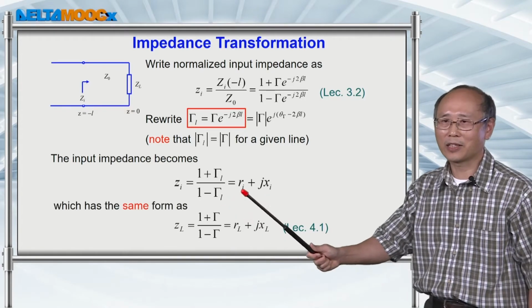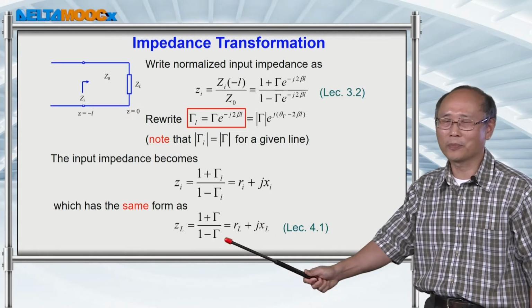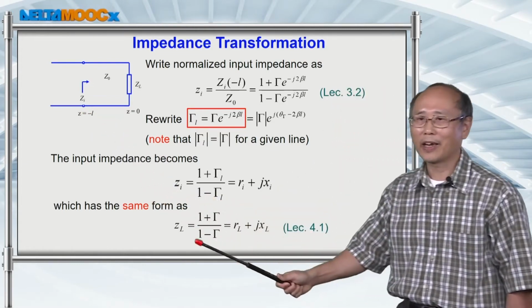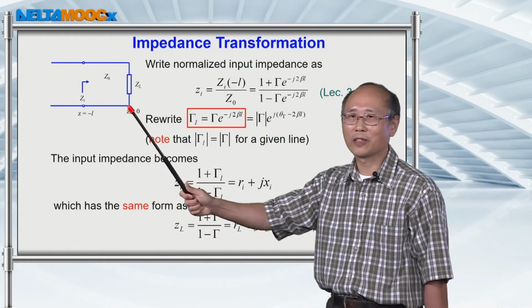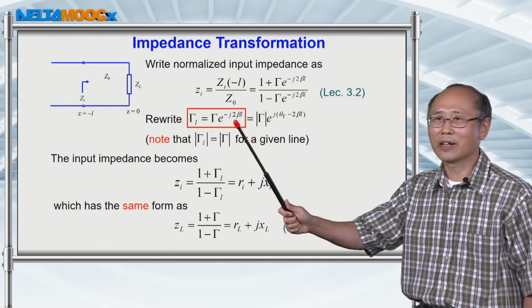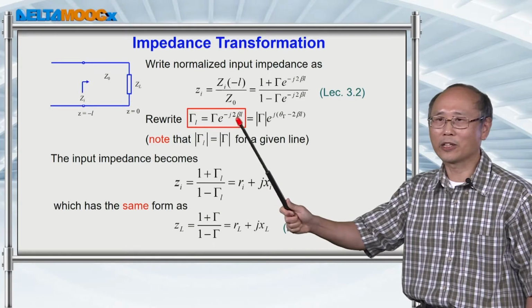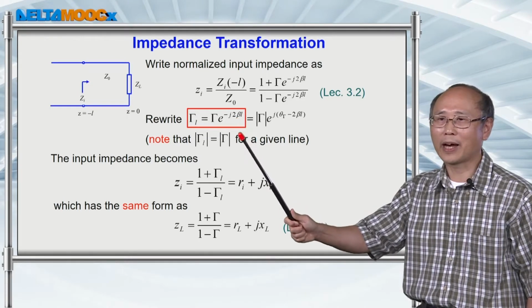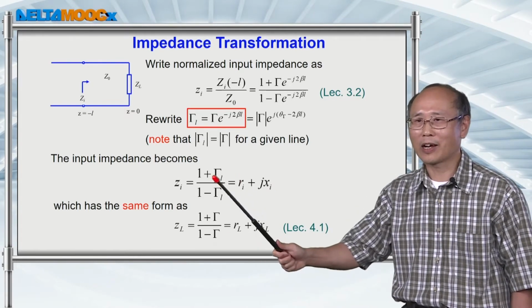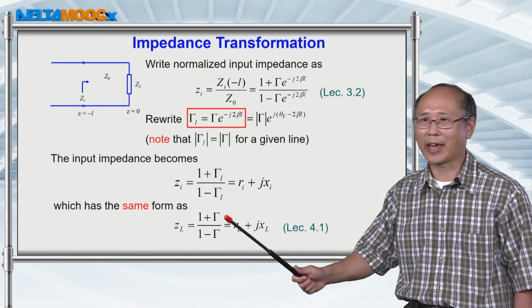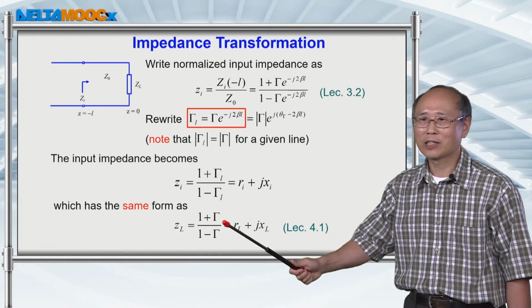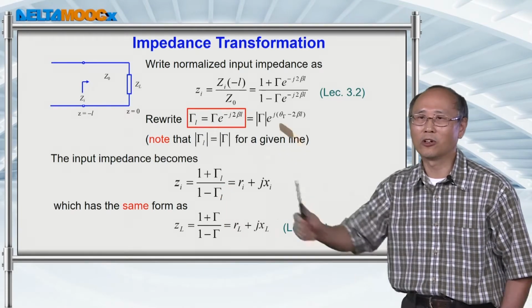You can see that this form is the same as this form, except that this Zi is the input impedance at this location, and ZL is the load impedance at z equal to 0, and gamma L here has an additional phase, which is exponential minus j2 beta L. So with the same form, with a phase difference between gamma L and gamma, we can derive gamma L subject to a known gamma at the load.